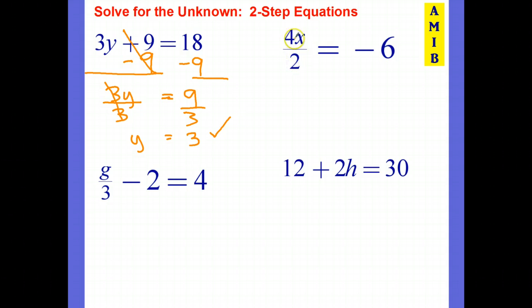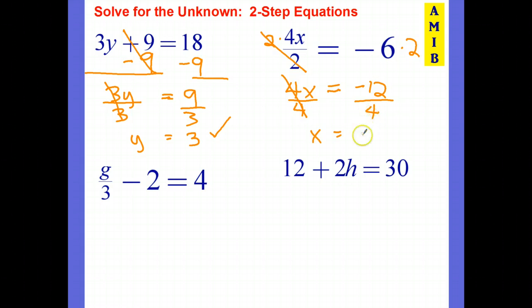Once again, we've got a multiply and a divide there. My preference is to undo the divide by multiplying by 2 on both sides. That leaves me with 4x equals negative 12. Divide both sides by 4. And that leaves me with just x on the left.